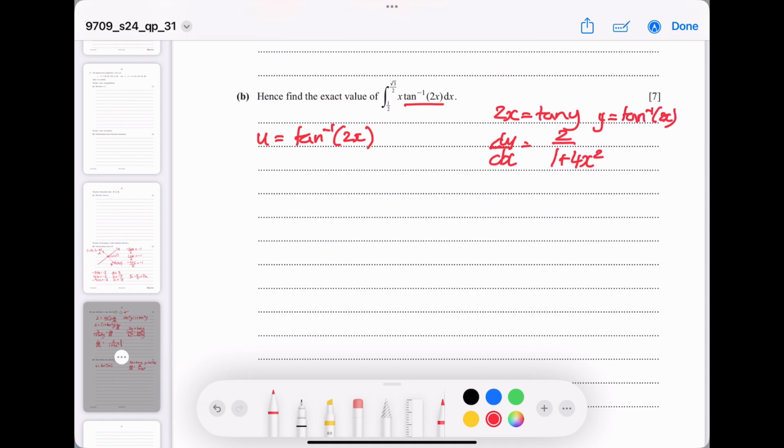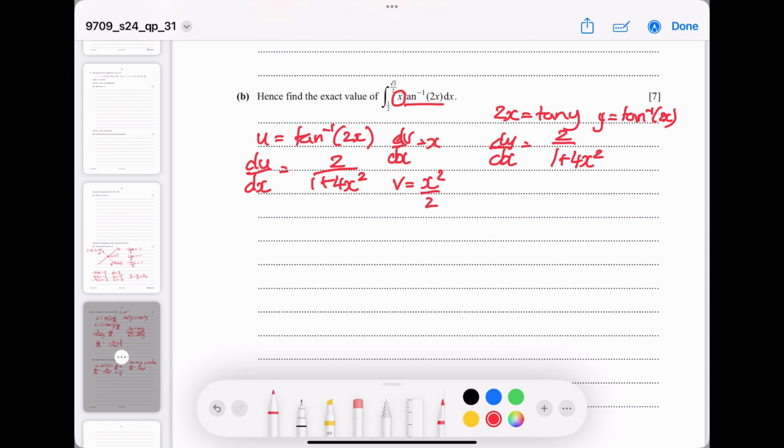So if I've called u tan to the minus 1 of 2x, that means that du dx is going to be 2 over 1 plus 4x squared. With integration by parts, our other part x represents dv dx, which means that v would be x squared over 2.